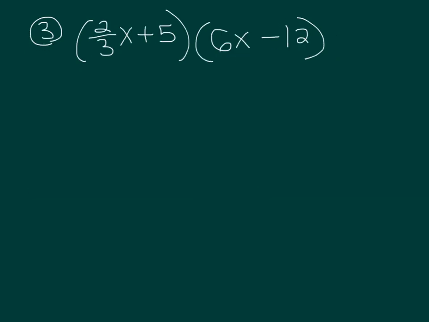Okay, here's our third example. I threw in a fraction there for you guys to practice with. And try this one. Okay, here we go. So the first step, again, we're distributing the 2/3 x.